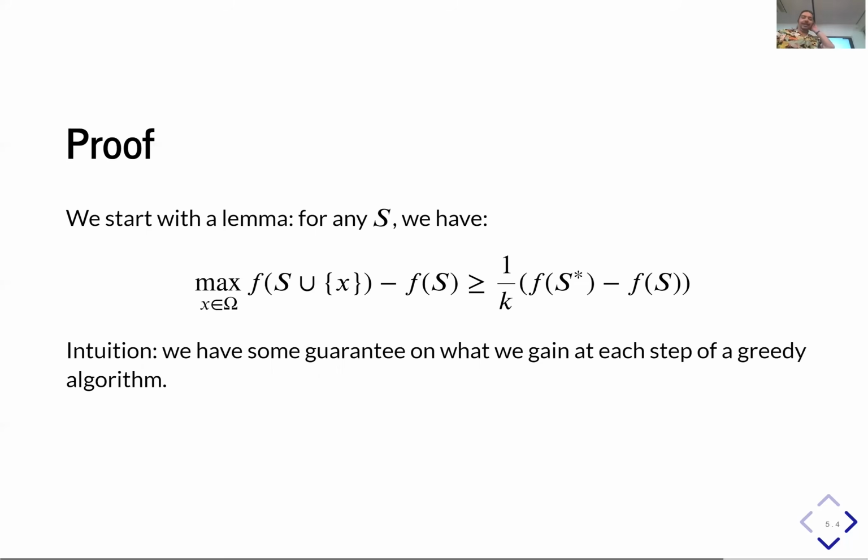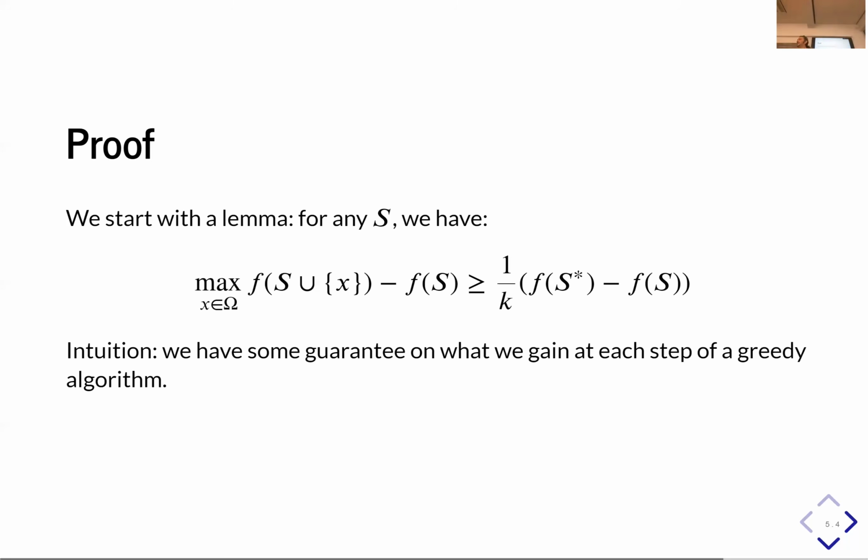If you start from any set S and you do a greedy add, you add the best possible element starting from S, the element that maximizes the marginal profit, then this marginal profit is at least 1 over K times the difference between the value of the optimal solution and the value of S. And it is true for any set S.